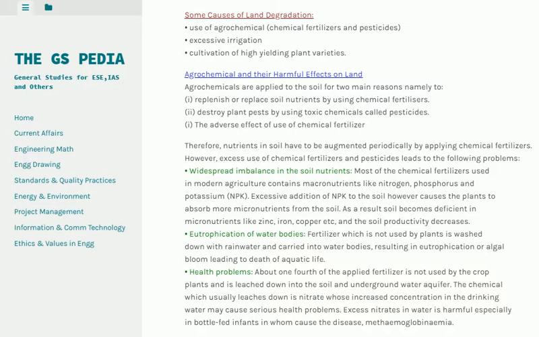The chemical which usually leaches down is nitrate, whose increased concentration in the drinking water may cause serious health problems. Excess nitrates in water are harmful, especially in bottle-fed infants, in whom they cause the disease methemoglobinemia.